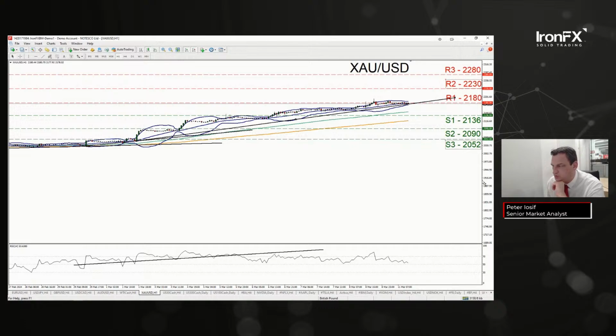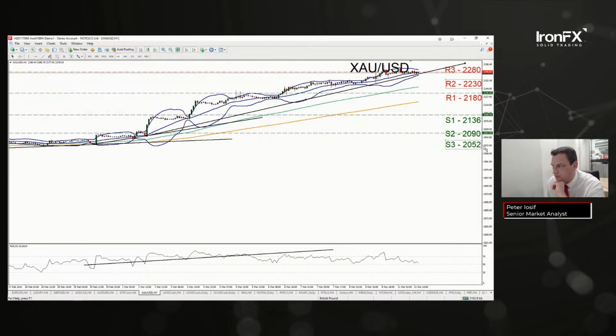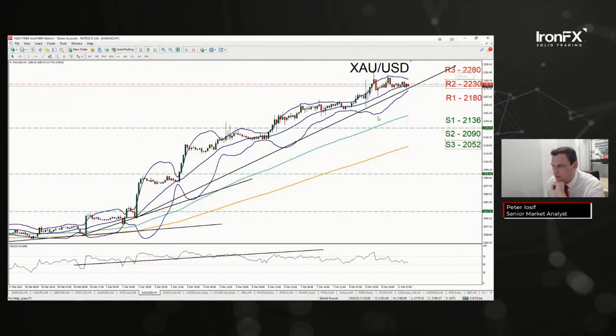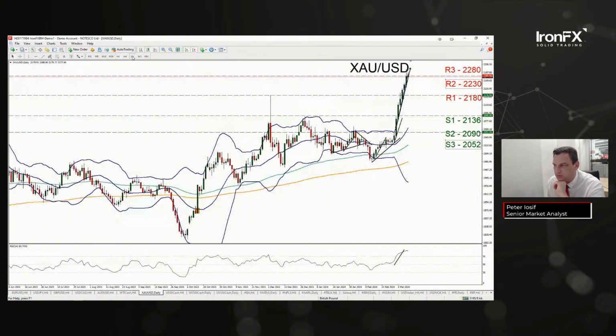Somewhere here. Let's widen this. Now some stabilization, back to the daily chart.